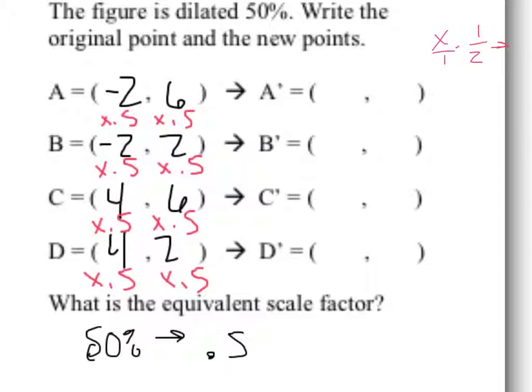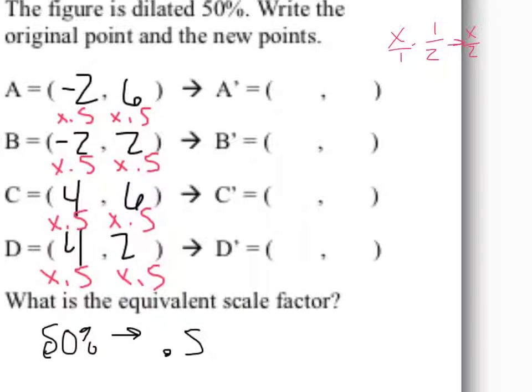Top times top, bottom times bottom, that's like x/2, which means multiplying by 1/2 is the same thing as dividing by 2. Anytime you multiply by any fraction, 1 over whatever, it's like dividing by that whatever. So, multiplying by 1/2 is the same thing as dividing by 2.